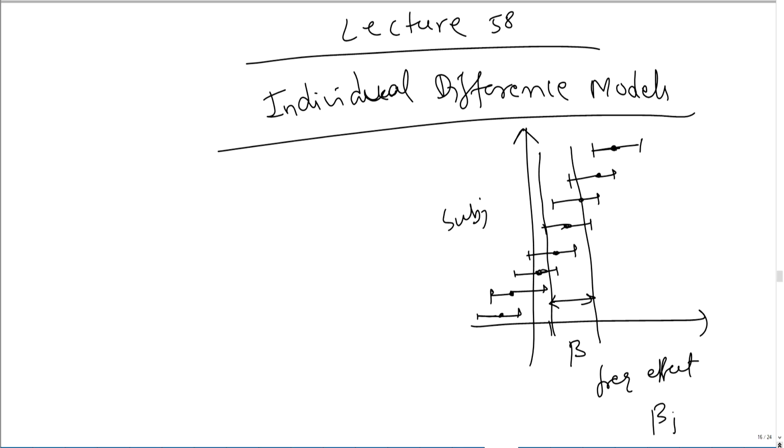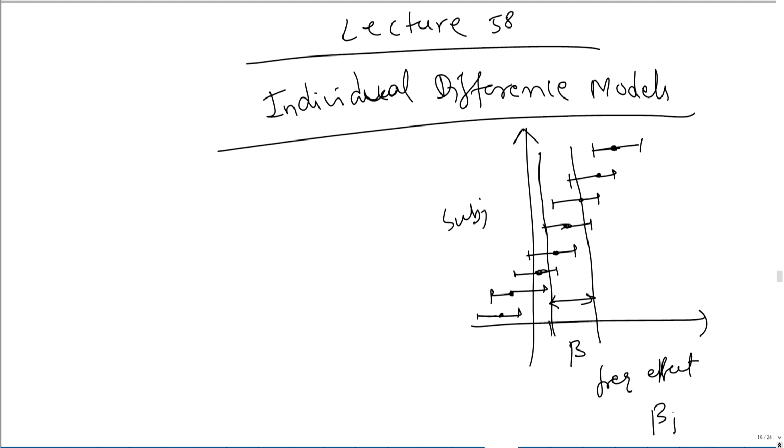We are not building theories about some abstract average ideal population that does not exist. Okay, the average population does not exist. What exists in reality are these individuals, right?